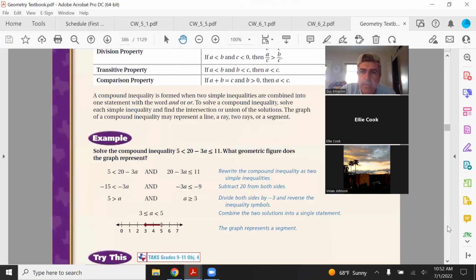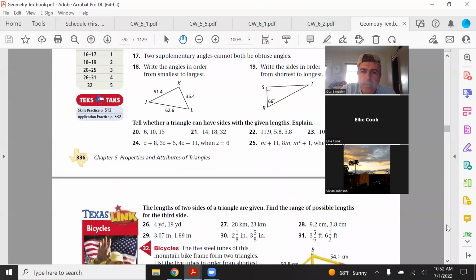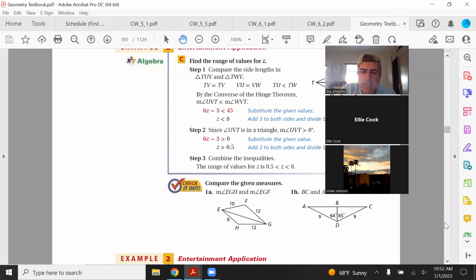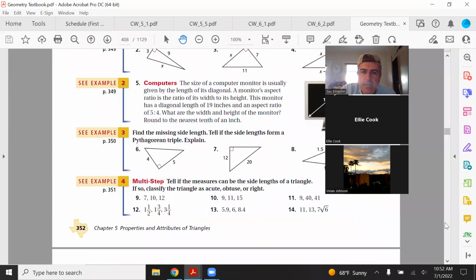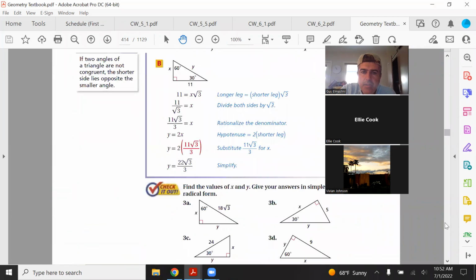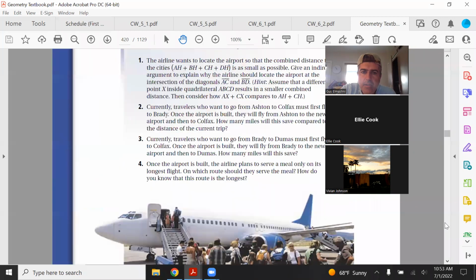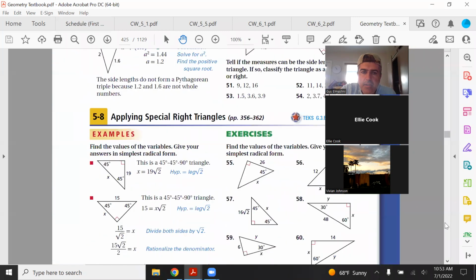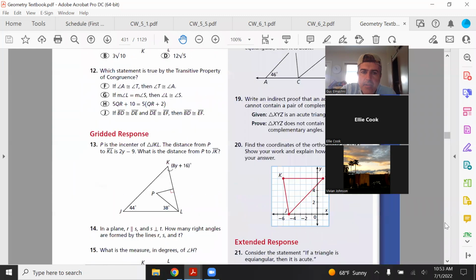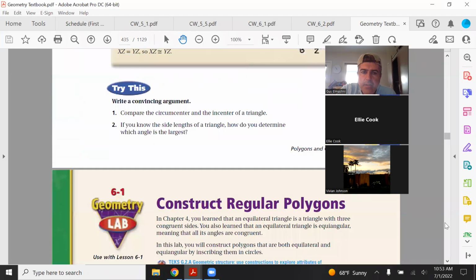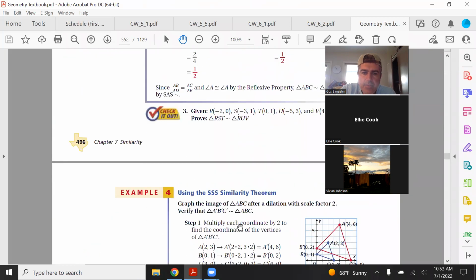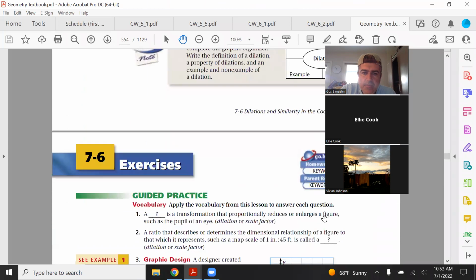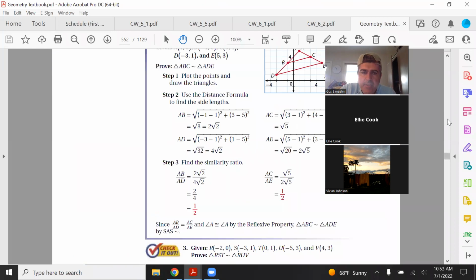Crap, went too far. Okay, well, I'm kind of struggling here with the page numbers.